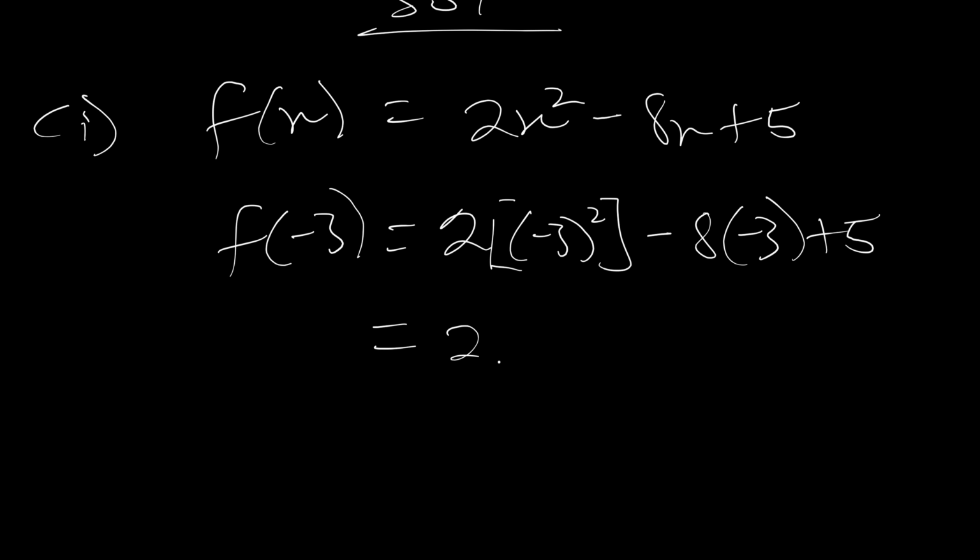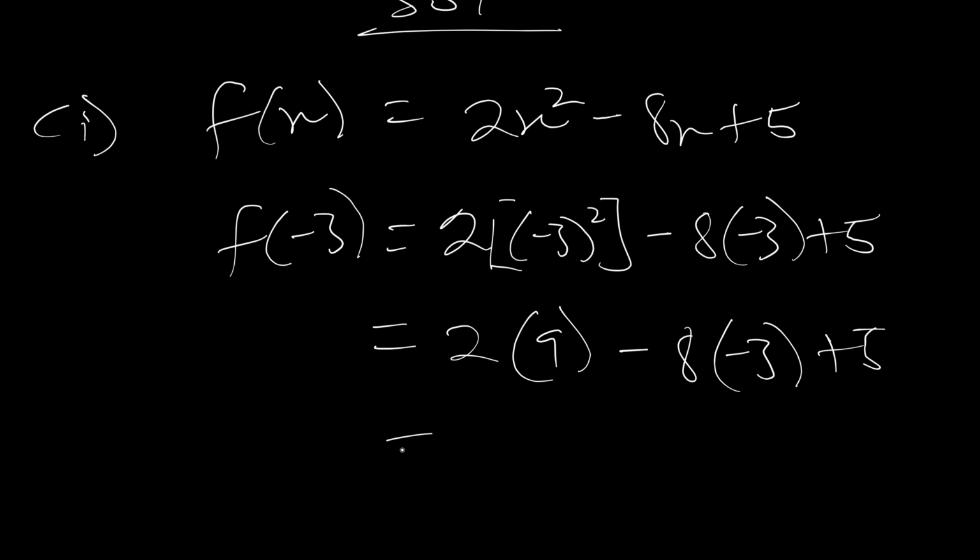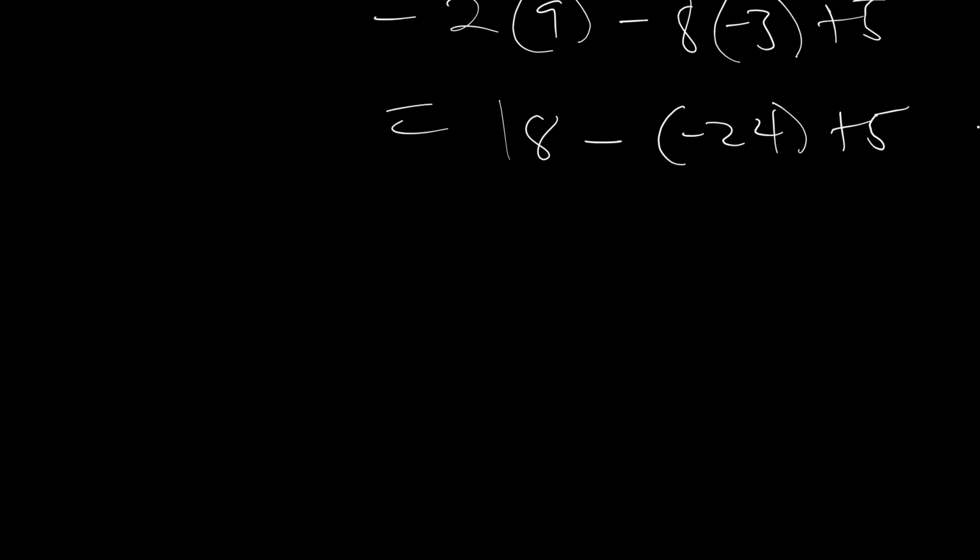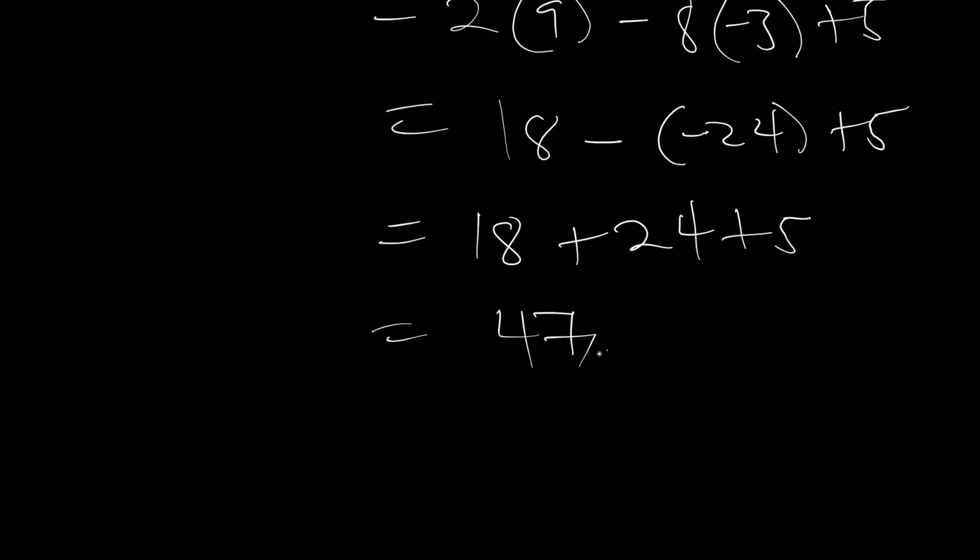Now this will be 2 times negative 3 squared is 9, minus 8 times negative 3, plus 5. 2 times 9 is 18, minus 8 times negative 3 is negative 24, plus 5. Now we have 18 minus is positive, so plus 24 plus 5. 18 plus 24 plus 5 should give us 47. So f of negative 3 will be 47.